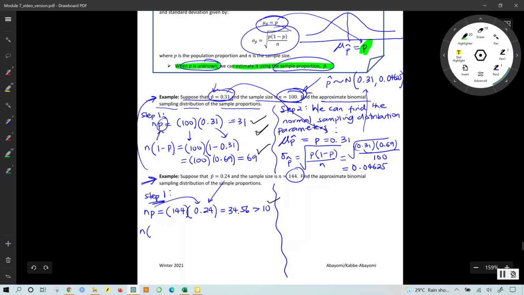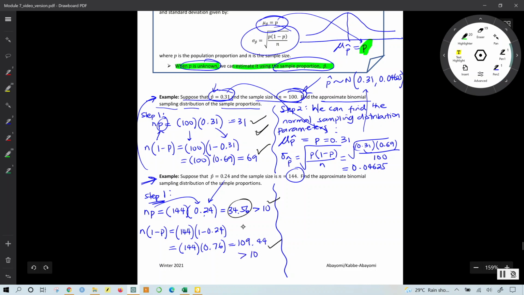And then you proceed to n times 1 minus p. That will be 144 multiplied by 1 minus 0.24. That will be 144 times 0.76. This is equal to 109.44, which is as well greater than 10.